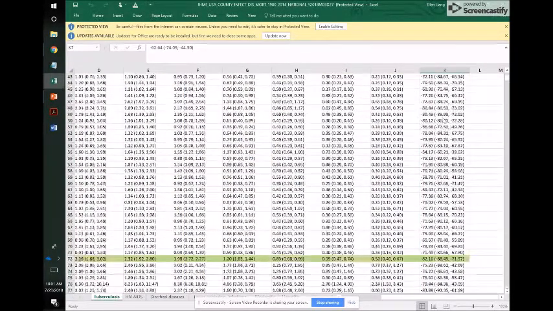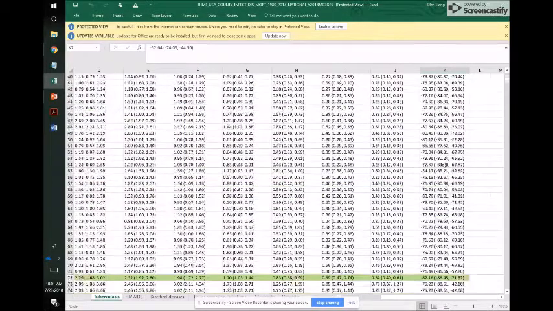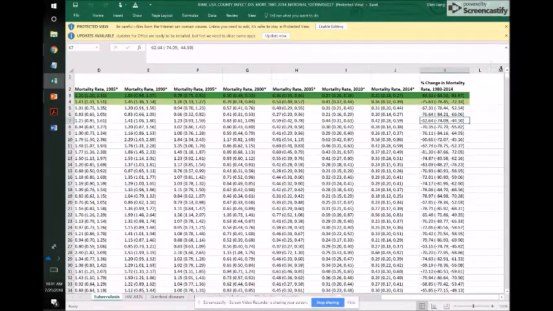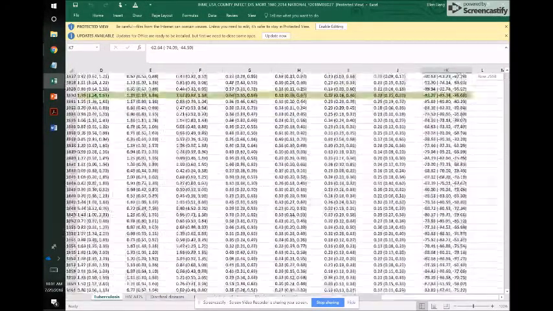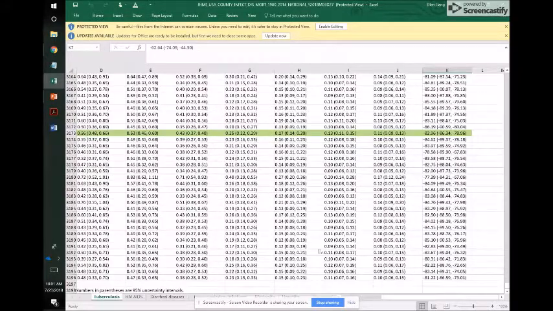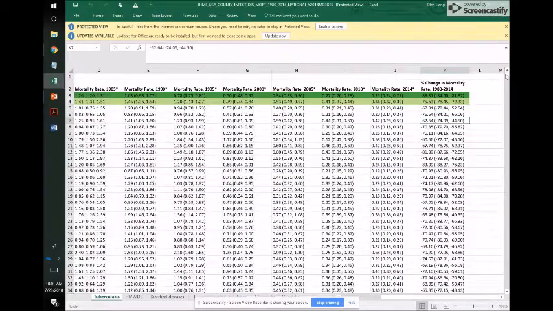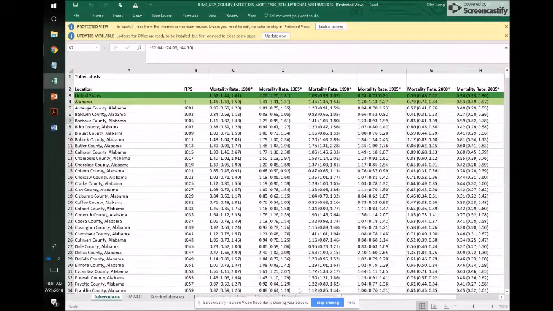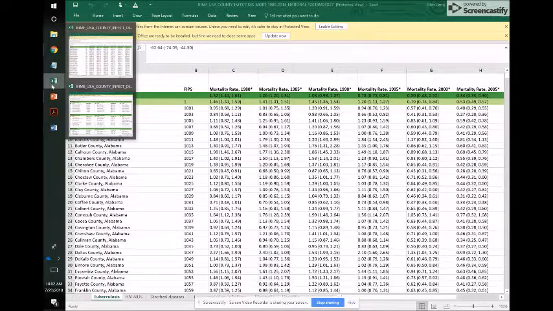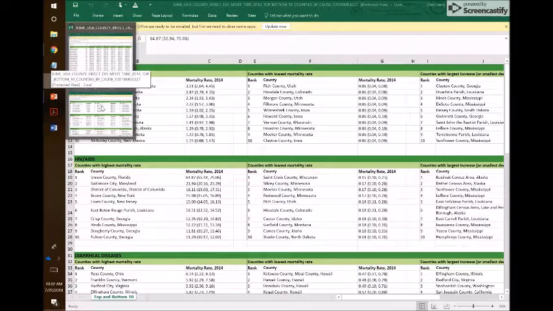So this would organize by increasing numbers, and I'd be able to see the counties with the highest change versus the lowest change, and then maybe look at it geographically and see if there are any patterns. But again, like I said, it's really difficult when you have a huge data set, and if you're looking at something not local but maybe national, it is very difficult to deal with raw data.